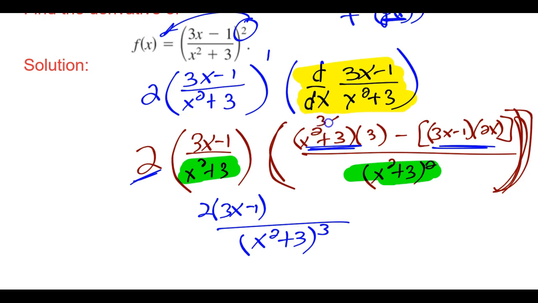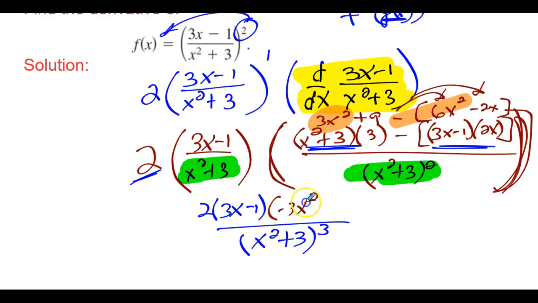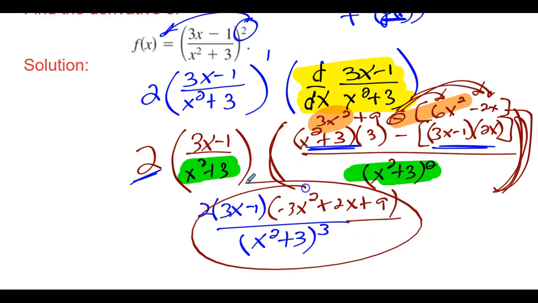This is 3x squared plus 9 minus the quantity of 6x squared minus 2x, but when I distribute this, it's really 3x squared minus 6x squared for a negative 3x squared. If I distribute this negative, it's going to be a plus 2x, and I keep the plus 9. And I don't think that factors more, so I think I would stop right there.